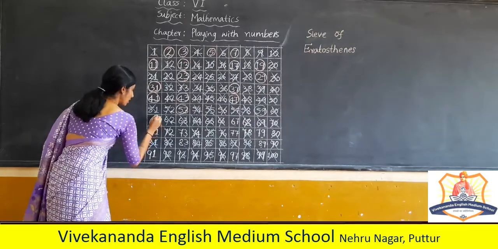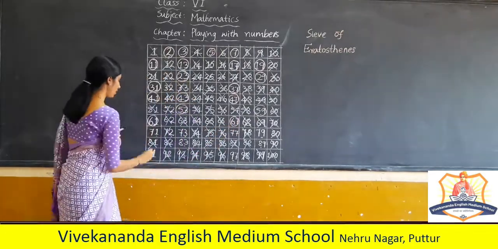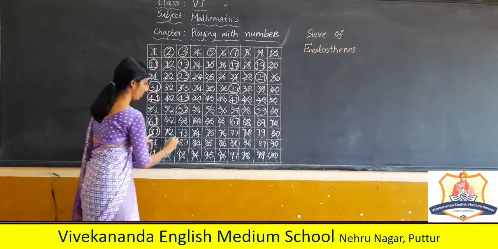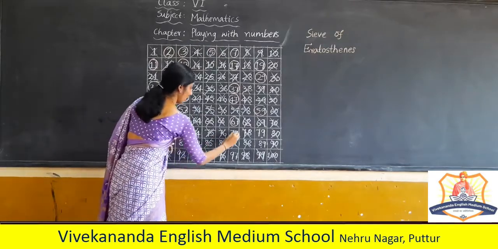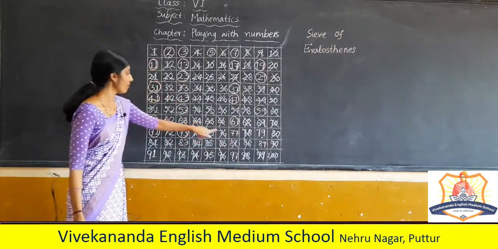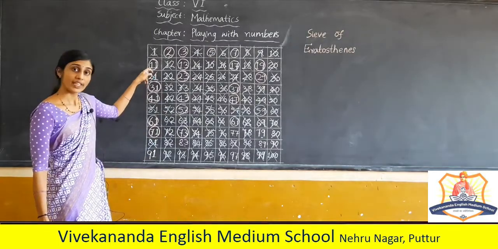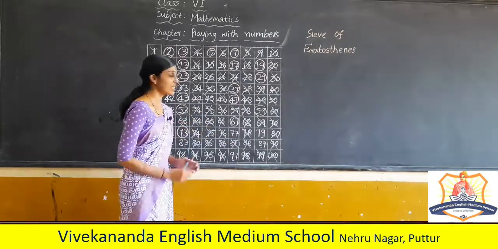Next is 61, 67, 71, 73, 77. 77 is the multiple of 11. 11 into 7 is equal to 77.